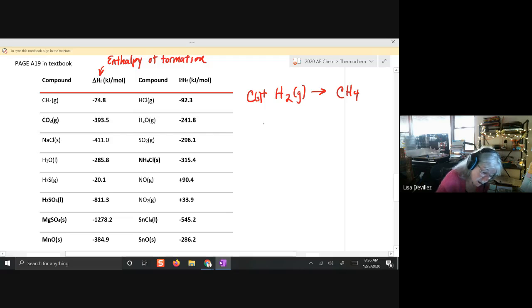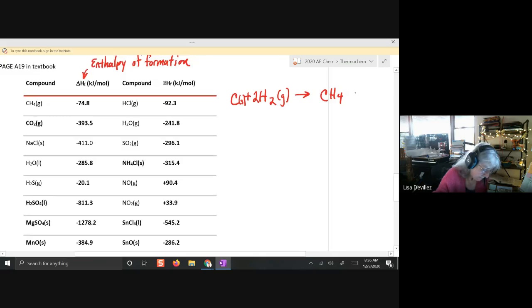So this would be 1 carbon, 2 hydrogens is 1 CH4. So that equation, when I give a delta H of formation, is minus 74.8. So these values in this table represent the reaction of the elements in their standard state combining to form that particular compound.